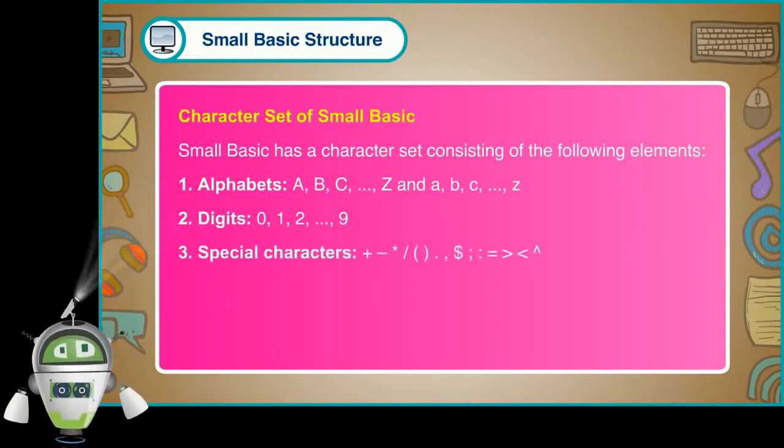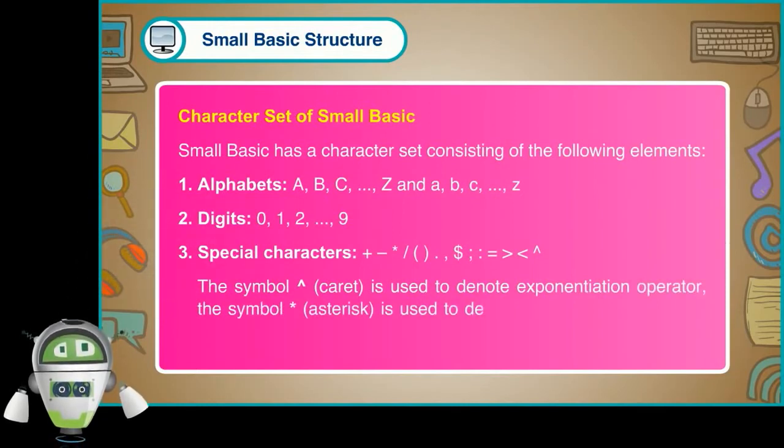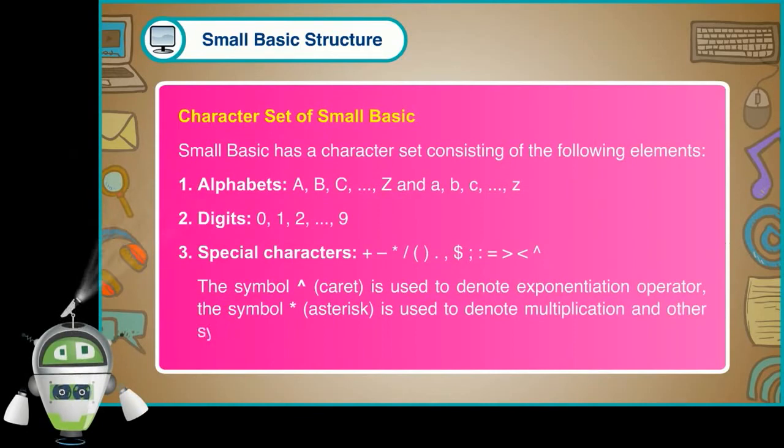Third, special characters: addition, subtraction, multiplication, division, parenthesis, full stop, comma, dollar sign, semicolon, colon, is equal to, greater than, smaller than, exponential. The symbol caret is used to denote the exponentiation operator. The symbol asterisk is used to denote multiplication, and other symbols have their usual meanings.